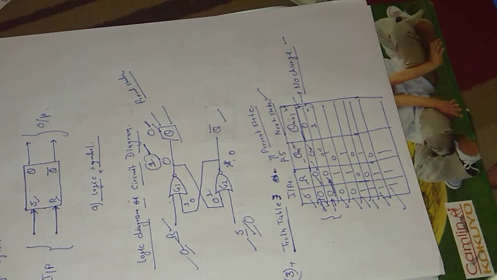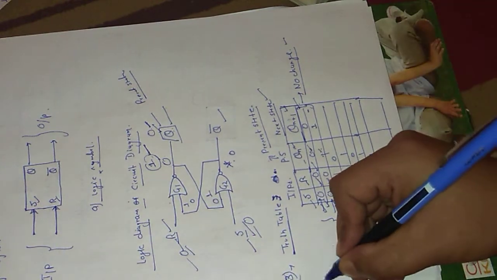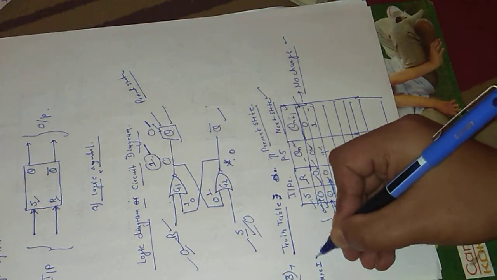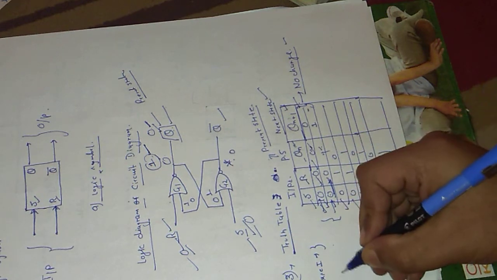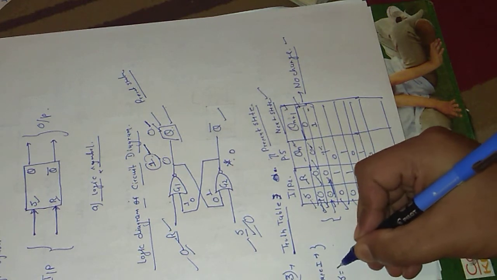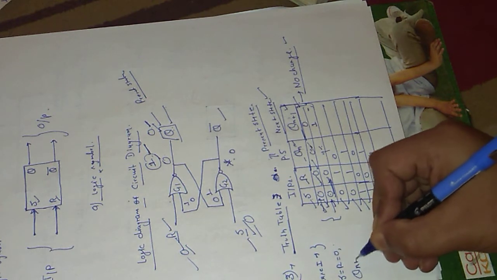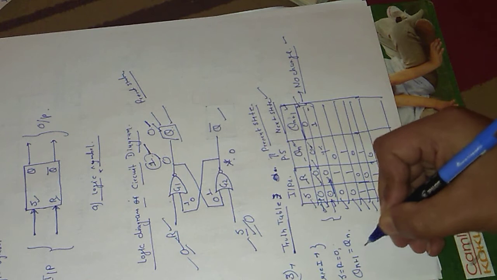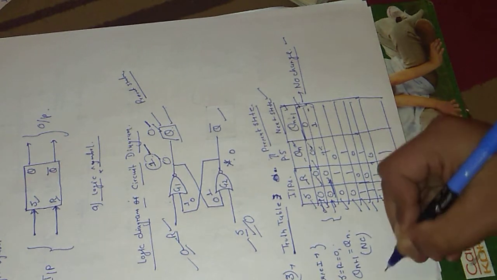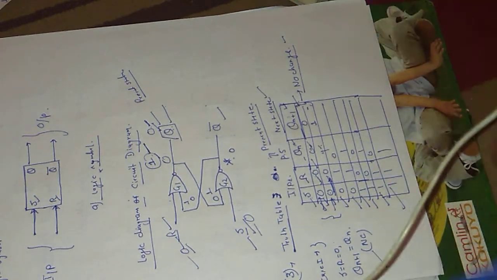So in the first case, when both inputs are the same, S equals R equals 0, Qn plus 1 always equals Qn. It means there is no change in the state. That is our first case.